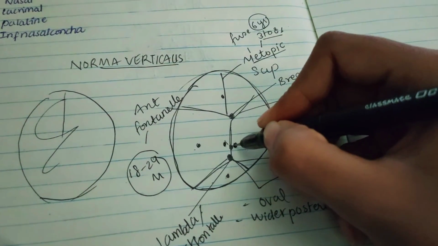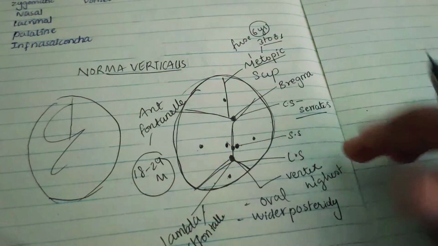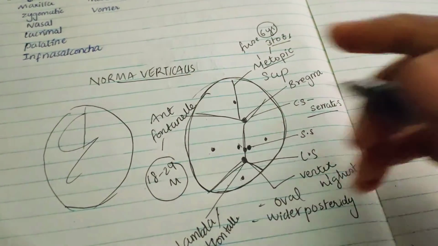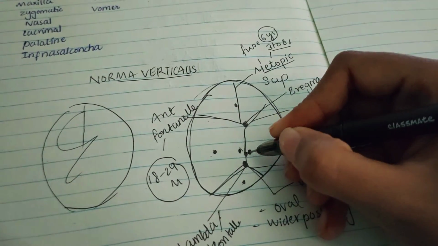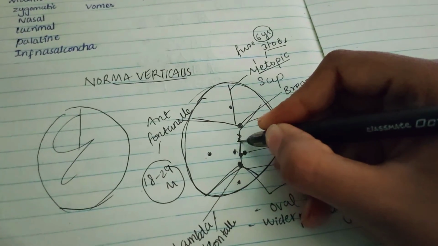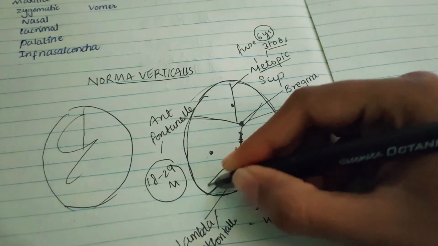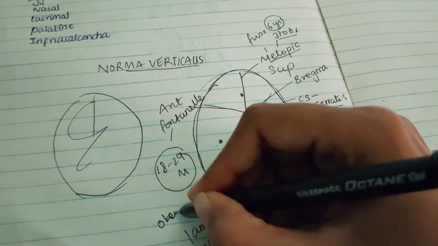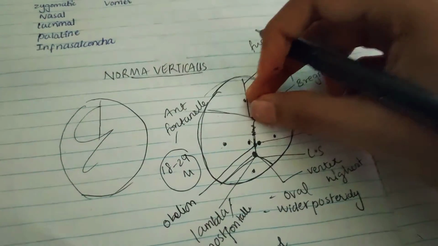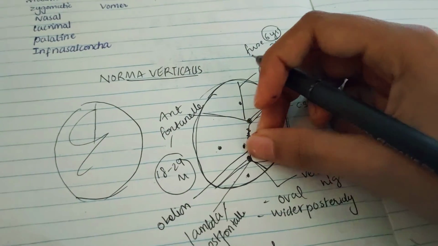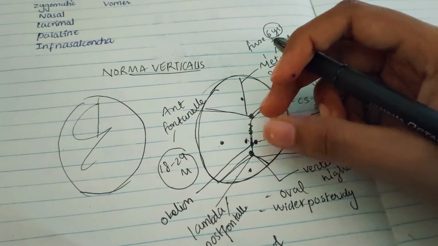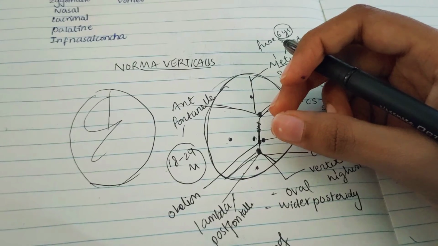So like this you'll have two foramina. And next, obelion. The sagittal suture will be like this, but between these two parietal foramina it will be straight, and this is called obelion. So what we need to remember? First bregma, here obelion, vertex, lambda. These are the points which we need to remember from this lesson.